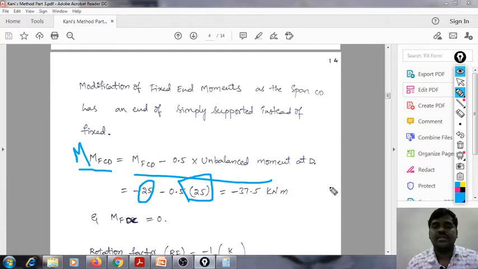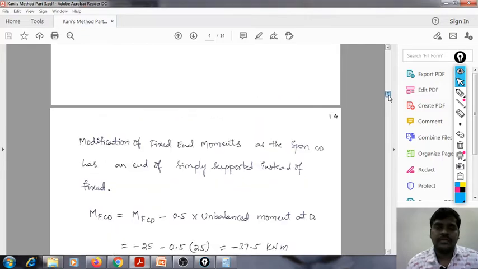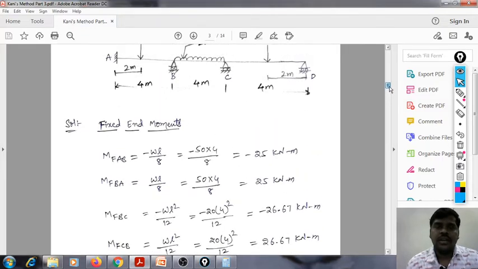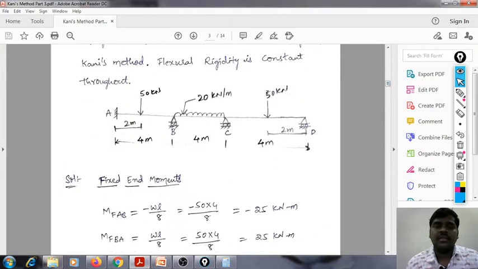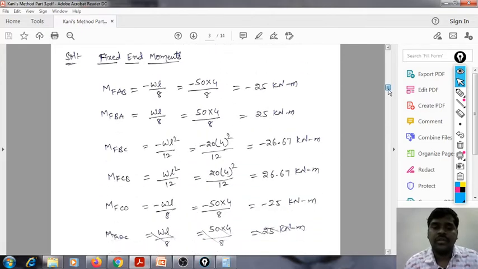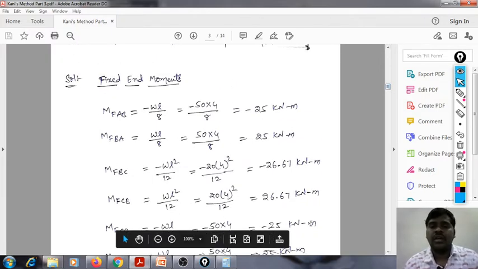What is this unbalanced moment at D? That is shown here. At D the unbalanced moment is nothing but 25. MFCD is equal to minus 25, which we have got already.